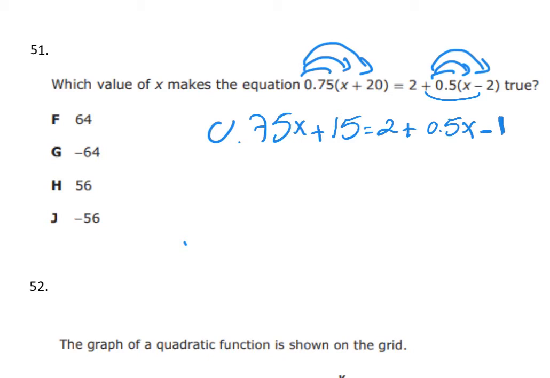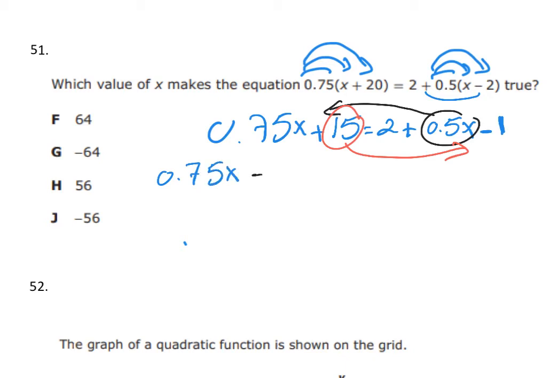Well, let's try to combine. Let's bring the 0.5x to the left here, and we can move 15 to the right here, right? So it's going to be 0.75x minus 0.5x equals, well, 2 minus 1, that would be 1, right?